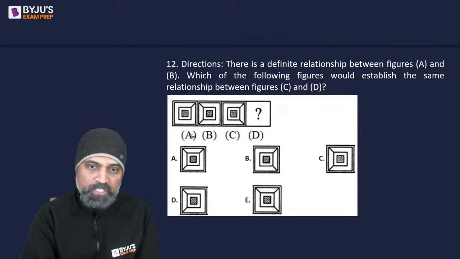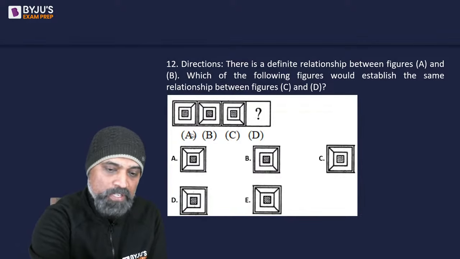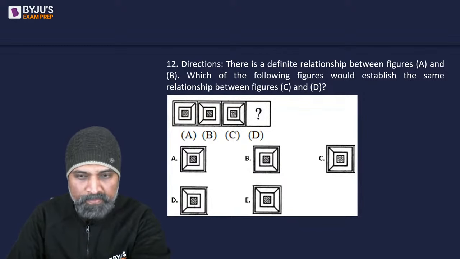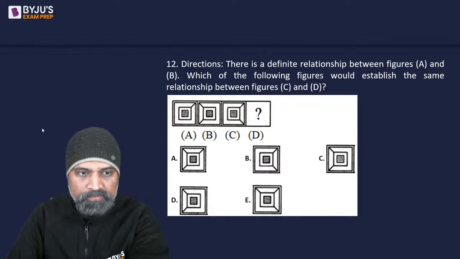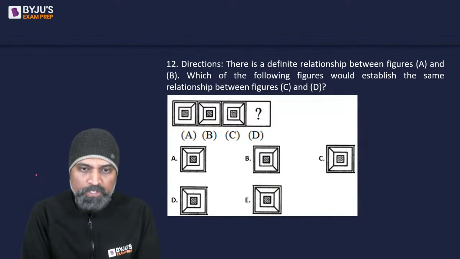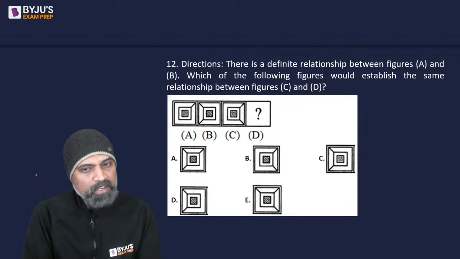So it's just the increase in the number of joints, and maybe it has to do with the mirror image. So we do have those two. 1, 2, 3, 4, 5, 6, 7, 8.